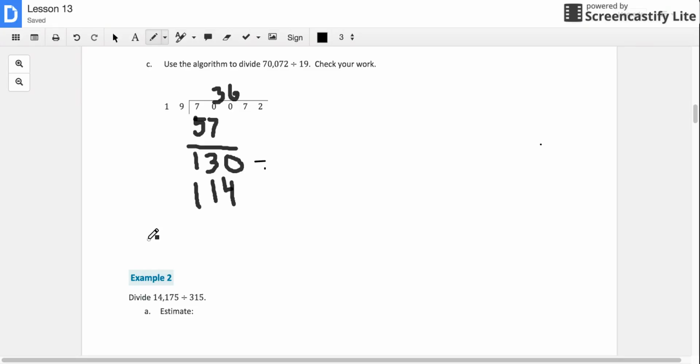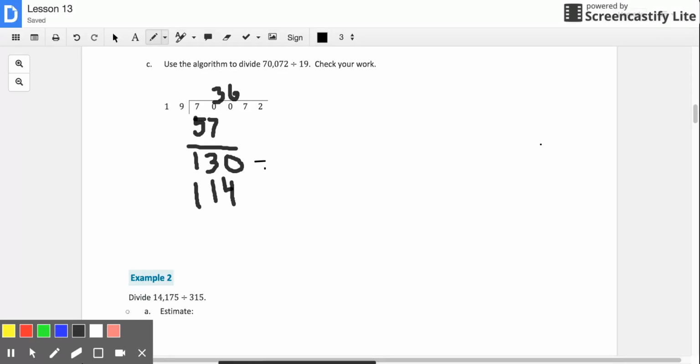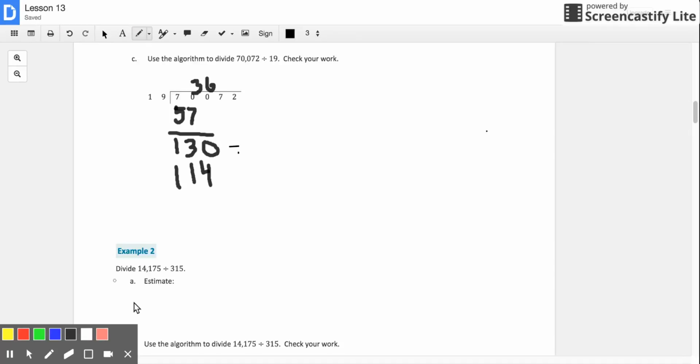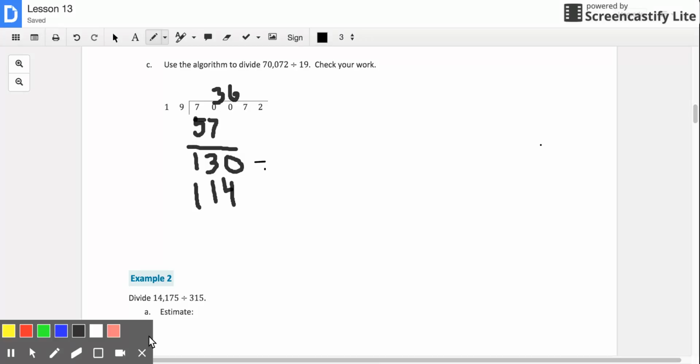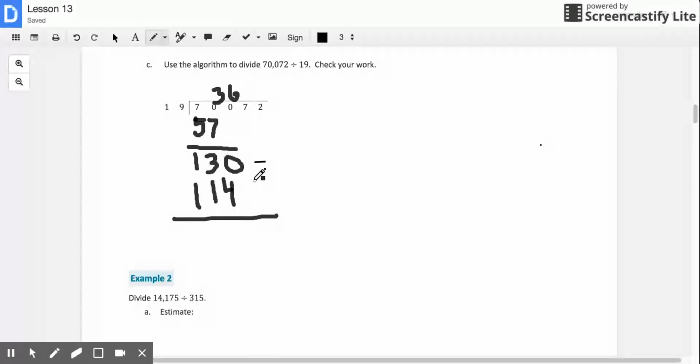All right, we're writing with a fat pen. So 130 minus 114 is 16. Bring down another 0. And referring to our table with 160, we can make 8 groups.